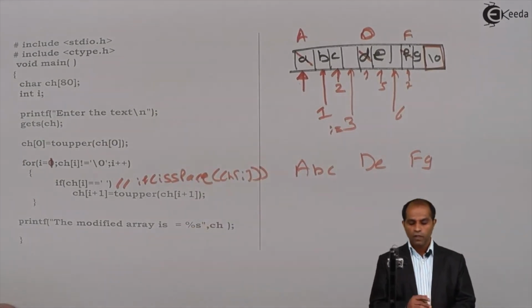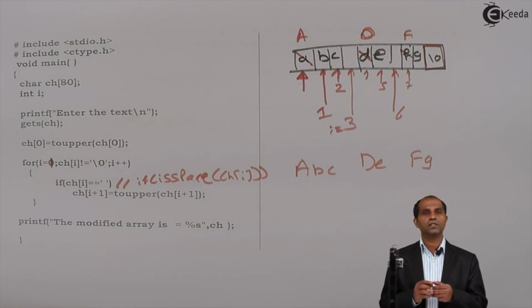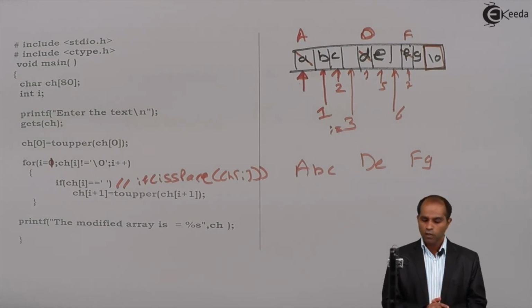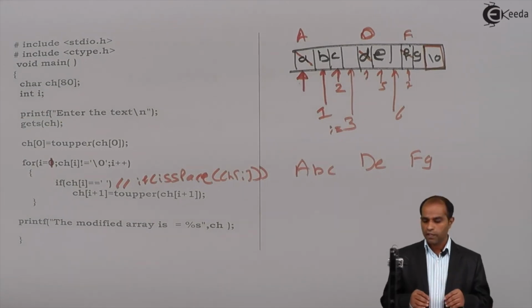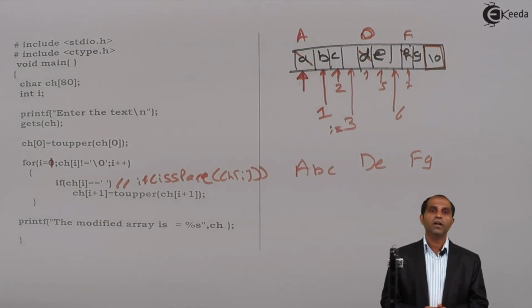I can convert this to a standard library function. So either you can use ch of i equal to blank space, or you can use isspace of ch of i. Both belong to the ctype.h header file. So at the end, we are supposed to display the entire string. Hence, ch has been displayed with the modified contents: modified array is %s, ch.